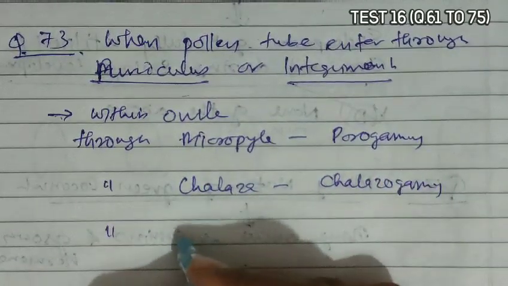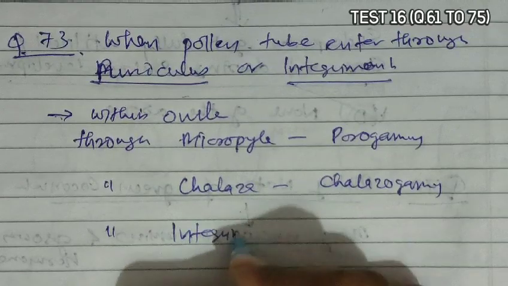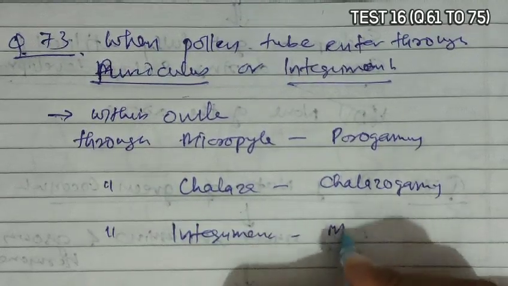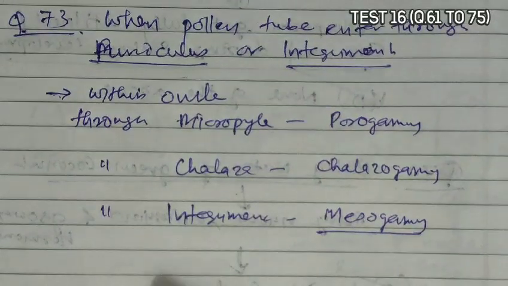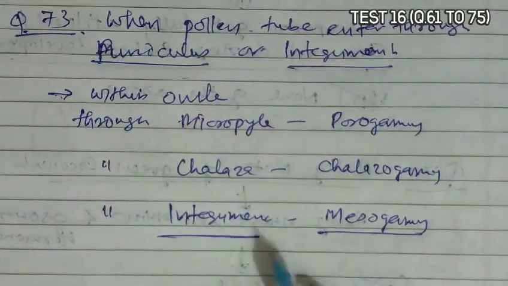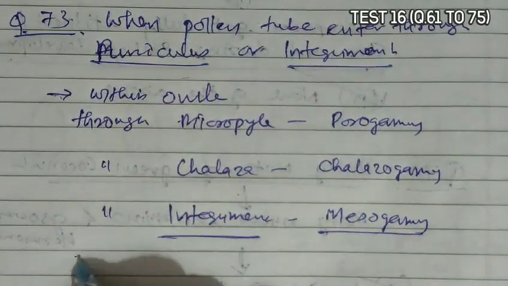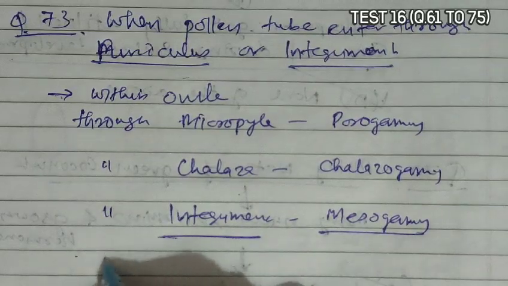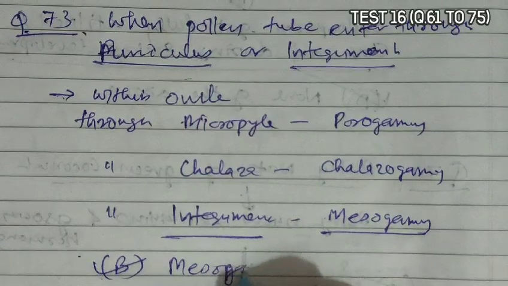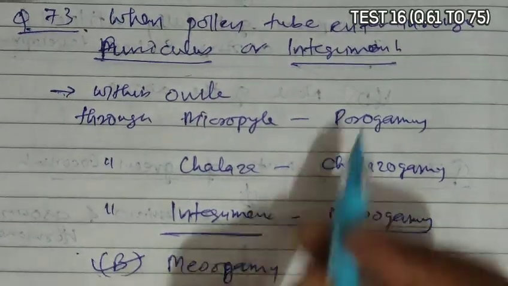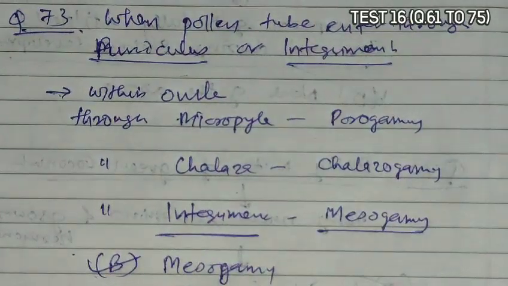And if it is through the integument, then it is known as mesogamy. So B is the correct answer, that is mesogamy. So please students, make this correction of integument in place of the base of the ovule.